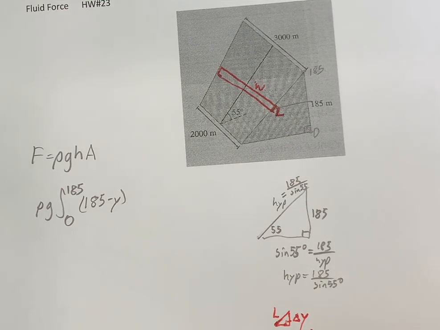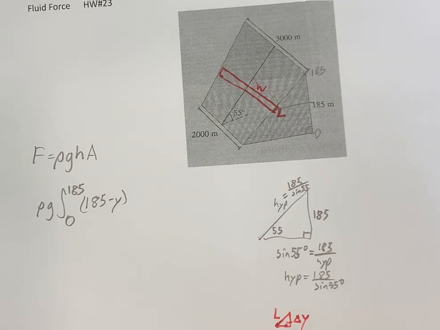That's a delta y. This is just two similar triangles. If I divide both of these by 185 and reduce this, this just comes out to 1 over sine 55. And L is delta y over sine 55.